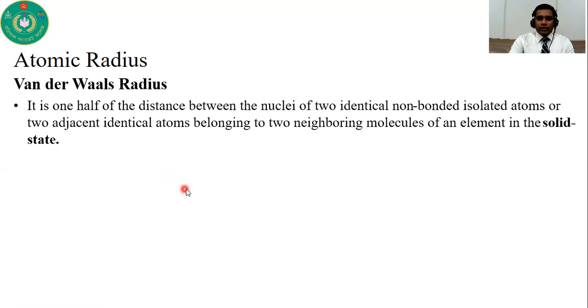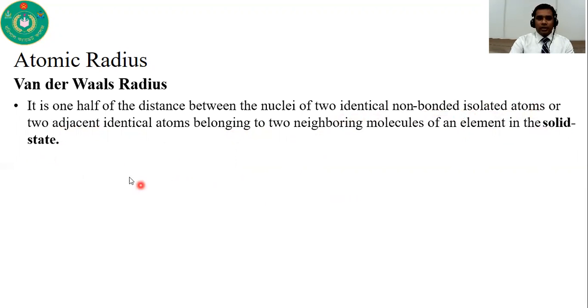Now, in case of van der Waals radius, it is 1/2 of the distance between the nuclei of two identical non-bonded isolated atoms. Here you give attention that these are non-bonded isolated atoms, or two adjacent identical atoms belonging to two neighboring molecules of an element in the solid state.